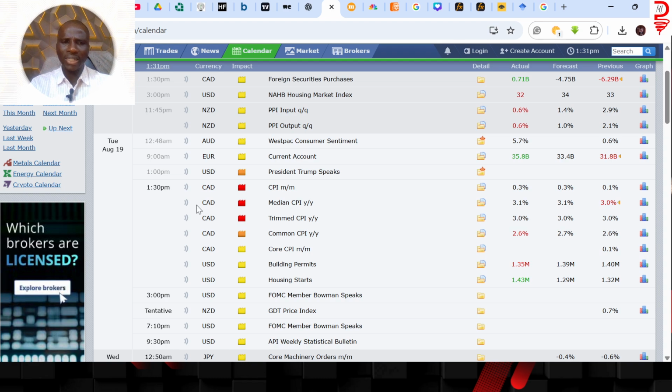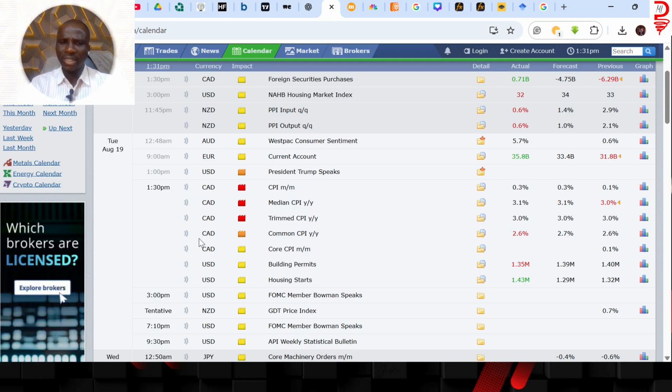Look at all the data released for the Canadian dollar in terms of the CPI year on year. We have the CPI month on month, the median CPI year on year, the trim CPI, and the common CPI year on year.